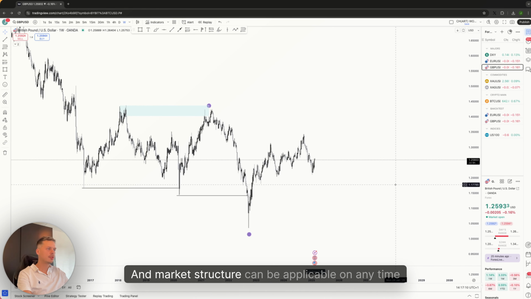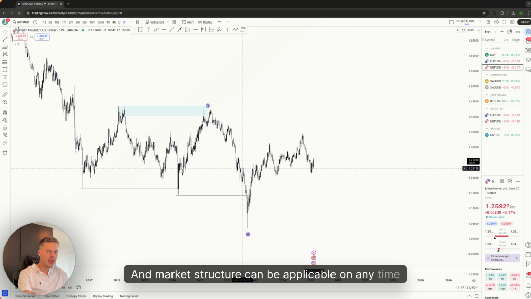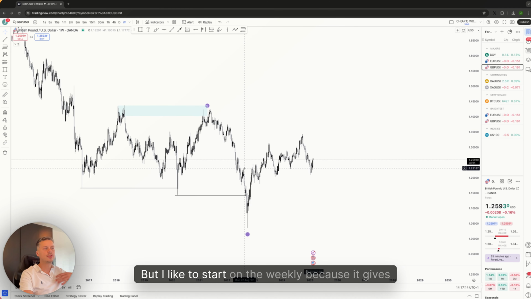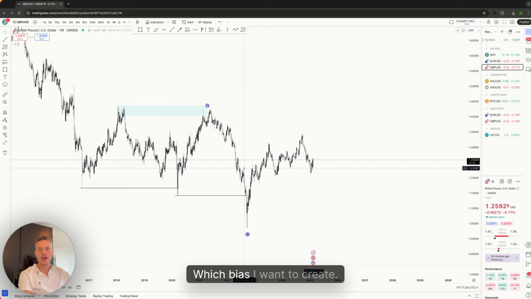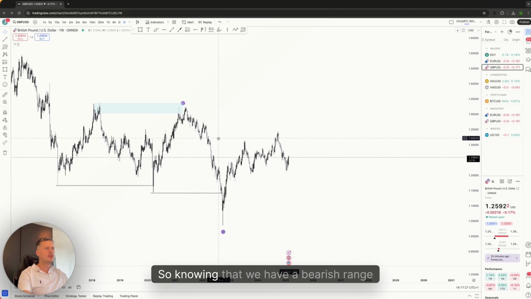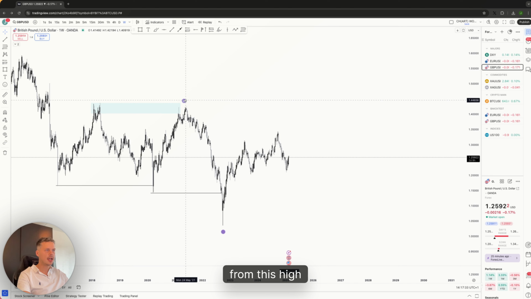And market structure can be applicable on any time frame. But I like to start on the weekly because it gives me a very strong bias. It gives me a very good understanding of where we are, where we're currently trading at, and which bias I want to create.